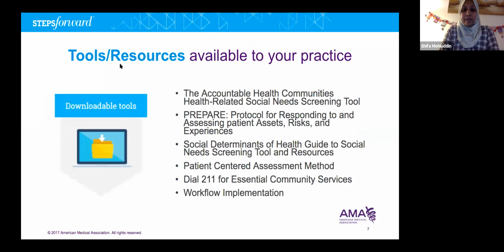These are the tools I mentioned a little bit earlier through AMA and also CDC: the Social Determinants of Health Guide to Social Needs Screening Tool and Resources; the Accountable Health Communities Health-Related Social Needs Screening Tool; PREPARE, which stands for Protocol for Responding to and Assessing Patient Assets, Risks, and Experiences; the Patient-Centered Assessment Method; Dial 211 for Essential Community Services; and finally, Workflow Implementation.